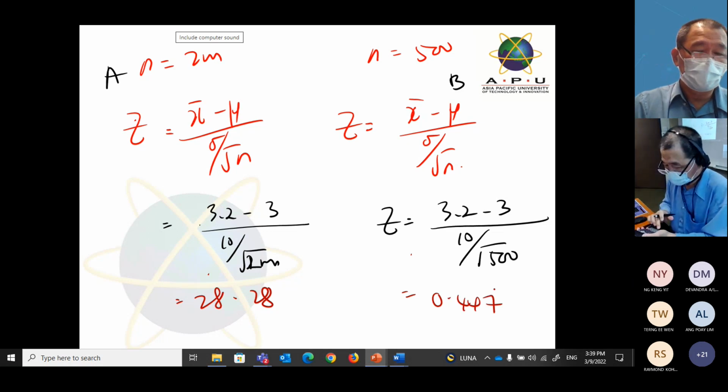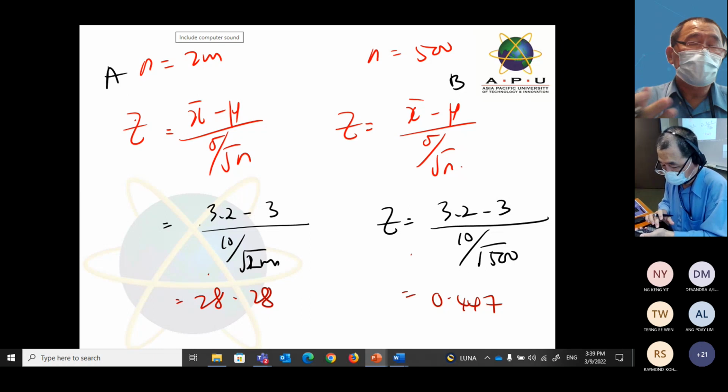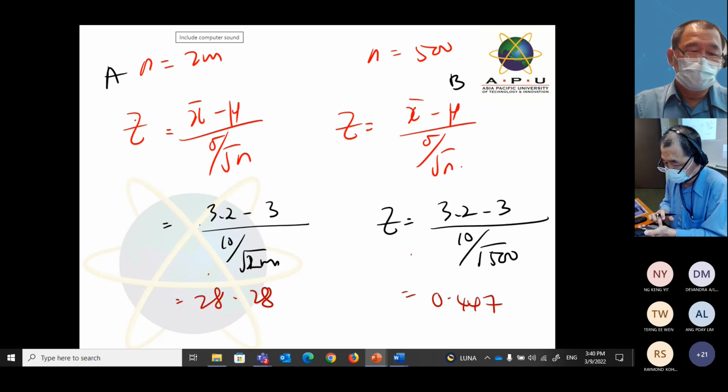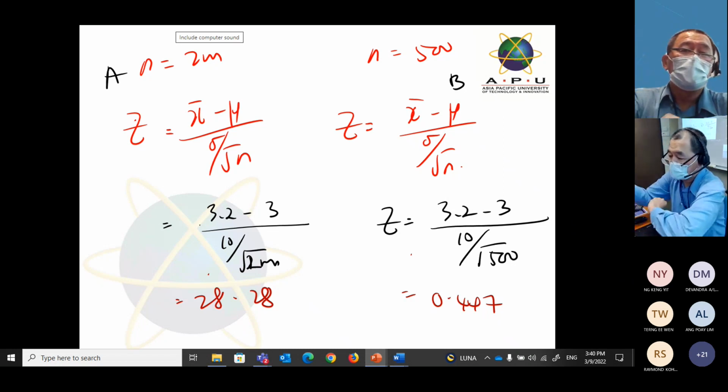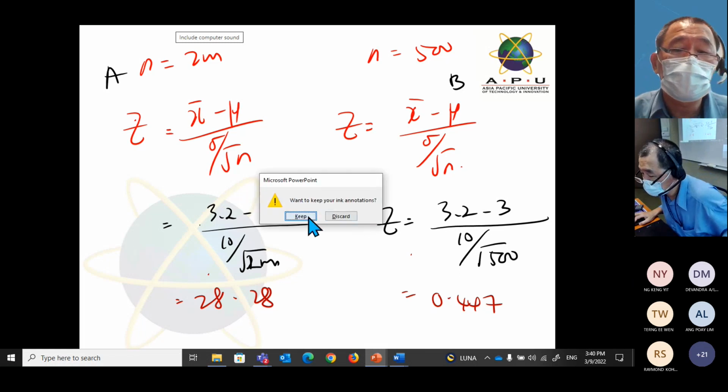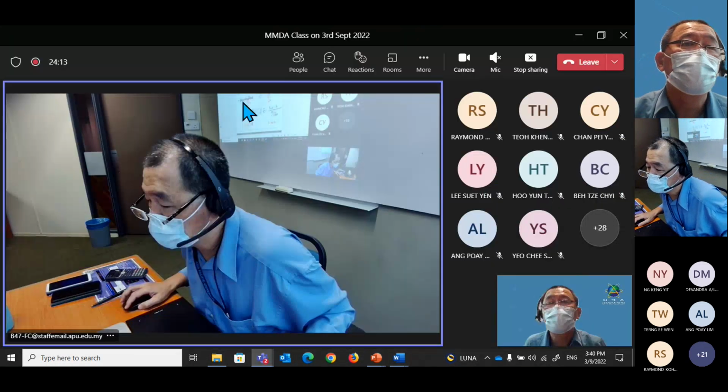Check again; if my calculation is wrong, let me know. 10 over square root of 2 million, 0.2 over the answer is correct. Okay, so this is the calculation, not finished. Any question you want to ask?